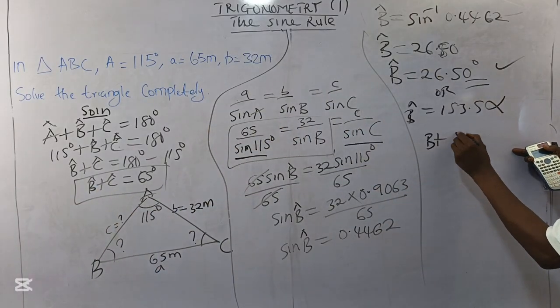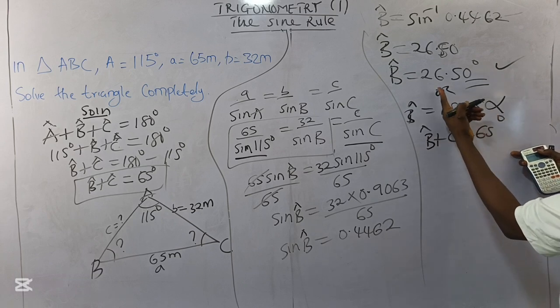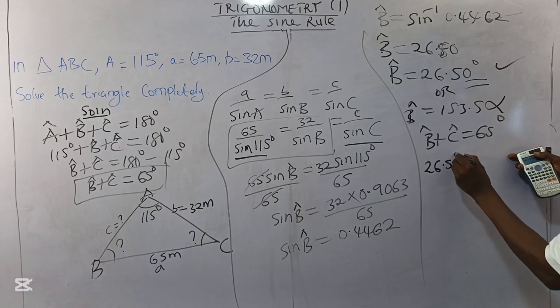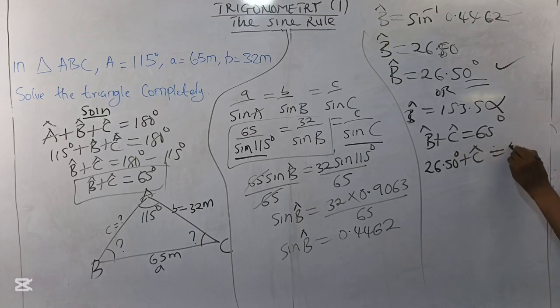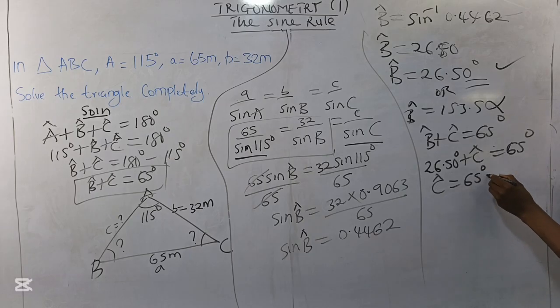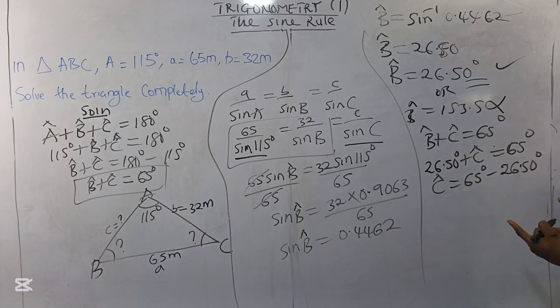And we've already seen that B plus C is 65 degrees. So I have angle B plus angle C equals to 65 degrees, and my B is 26.50 degrees. 26.50 degrees plus angle C equals to 65 degrees. So my angle C is equals to 65 degrees minus 26.50 degrees. Remember 26.50 is 26.5, but I just want to put it for your own understanding.